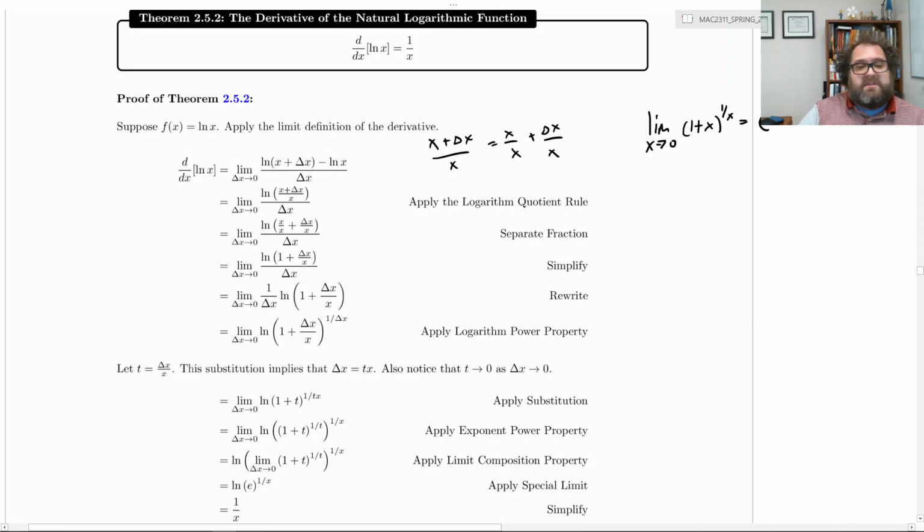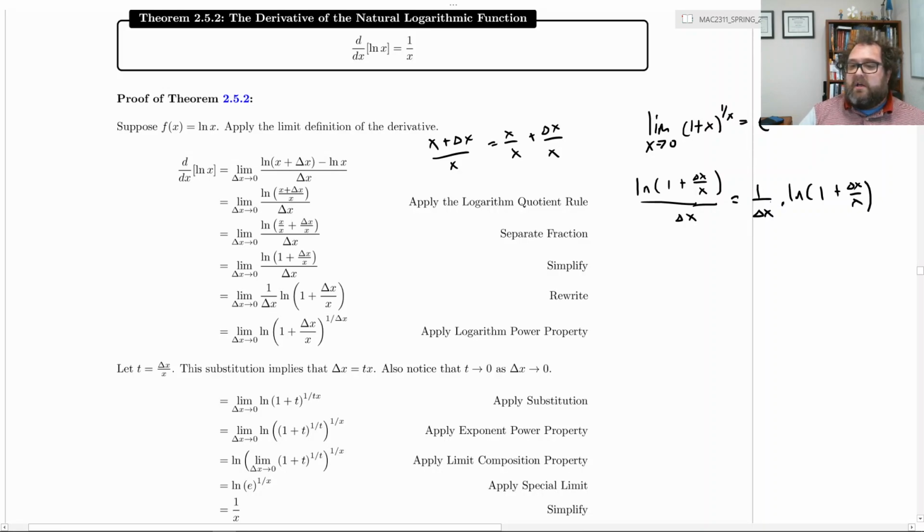So notice that I have the natural log of 1 plus delta x over x, all over delta x. Now, instead of writing this as a quotient, anytime you have a division, you can write that as a product instead. So I can say this is equal to 1 over delta x times the natural log of 1 plus delta x over x.